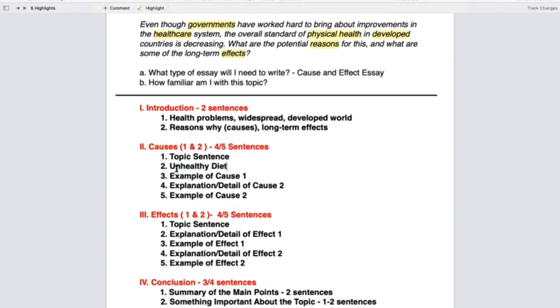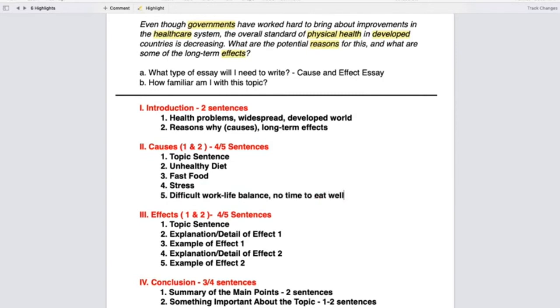And as an example of unhealthy food, I'm going to talk about fast food, because this is also just something that I hear about every day. And for me, it would be easy to write about fast food contributing to an unhealthy diet, which would contribute to low physical health. And the second cause, I'm going to say stress. So a stressful lifestyle. And an example of this, I could say perhaps difficult work-life balance, or perhaps someone has no time to eat well, okay?